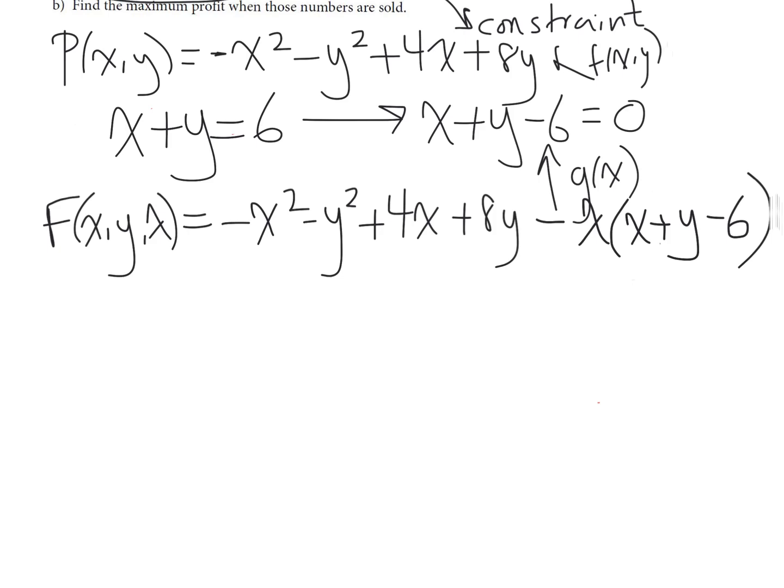Before we take any partial derivatives, we want to expand that bracket at the end there, and we're going to remember that this negative sign, negative lambda, has to apply over each of the terms in the bracket, remember? So let's do that first.